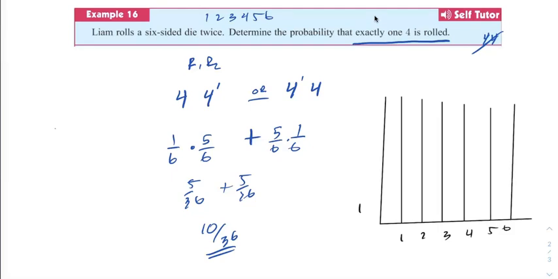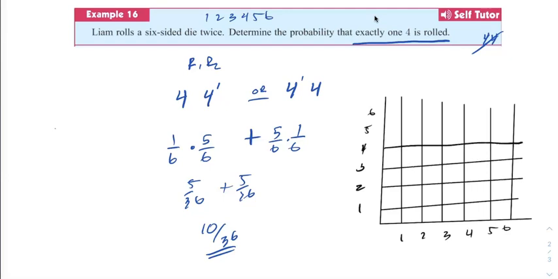And then 1, 2, 3, 4, 5, 6. So same thing over here. These are not as straight as I want them to be. Okay. Right, and we have the odds of getting exactly one 4.